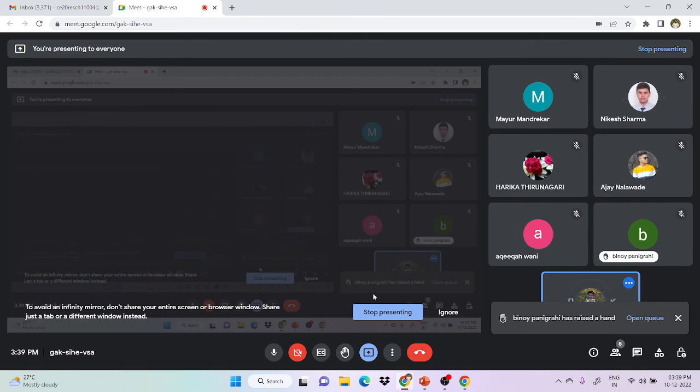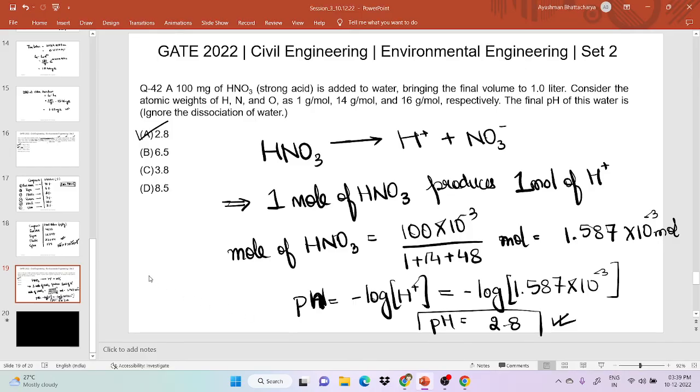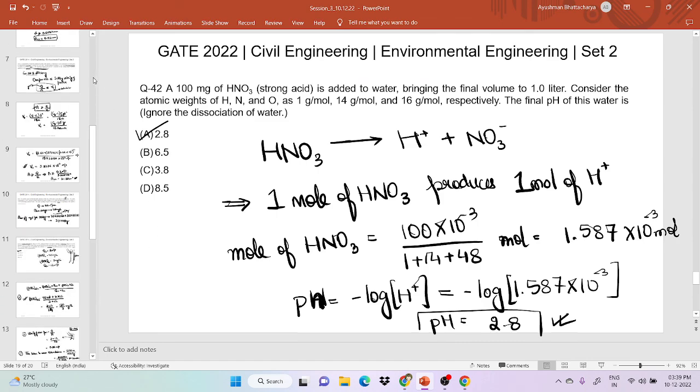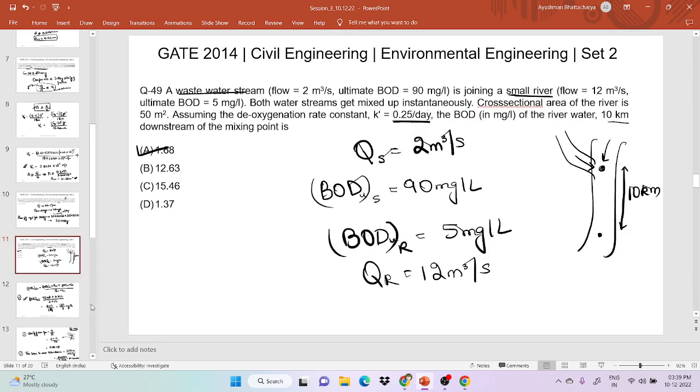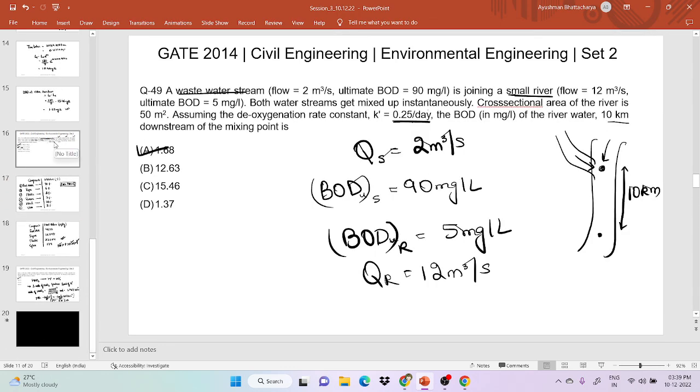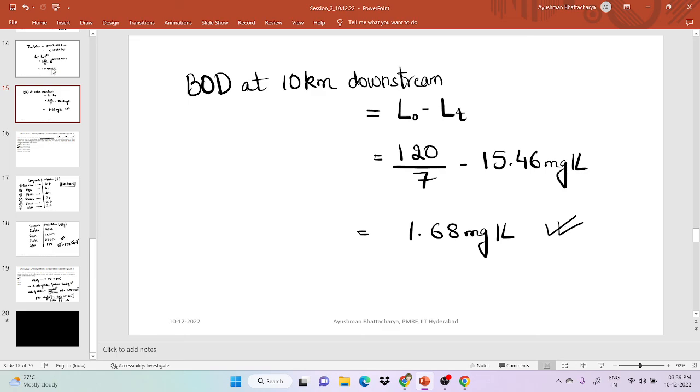Sir, in the previous question, how do we decide whether BOD remaining is asked or BOD that has been consumed? When nothing has been mentioned, in this question, 10 kilometer downstream.